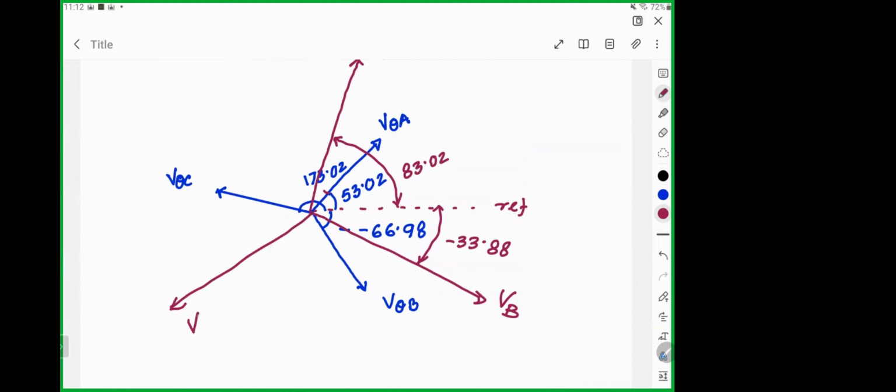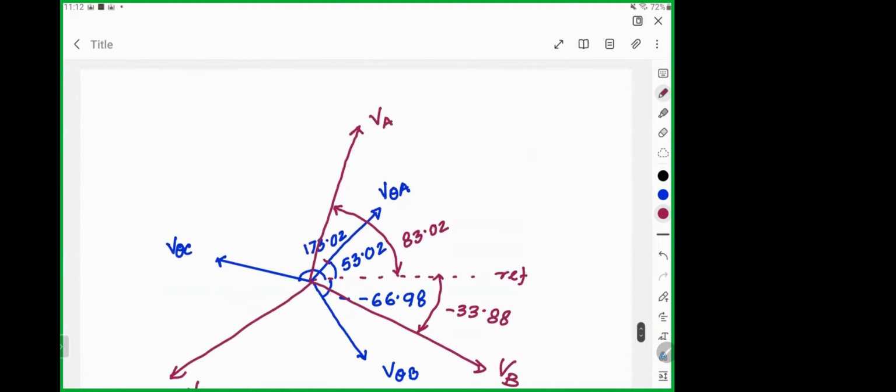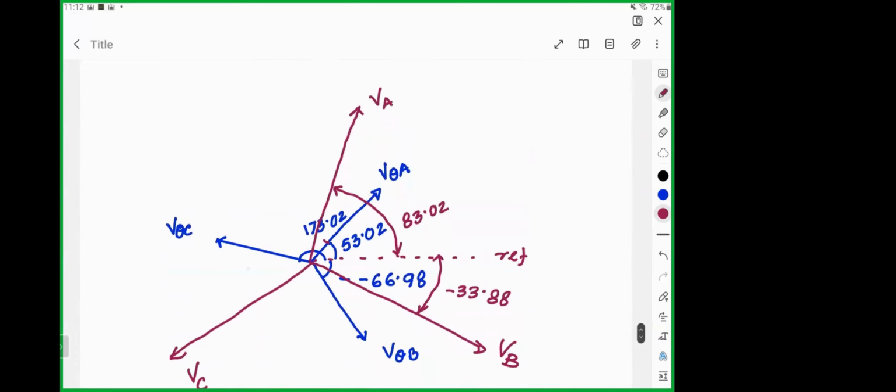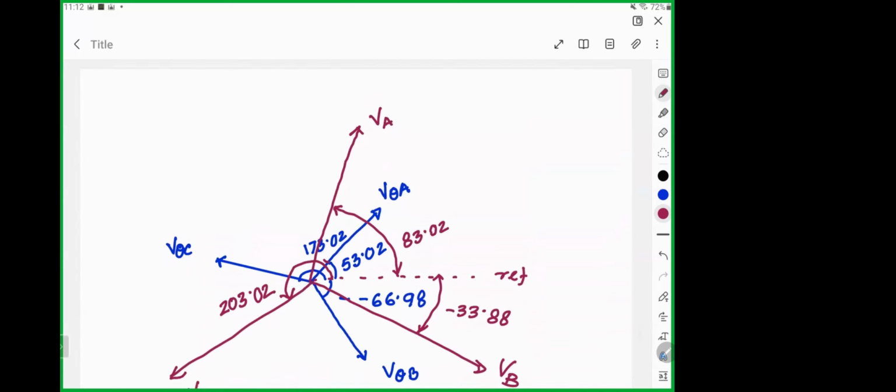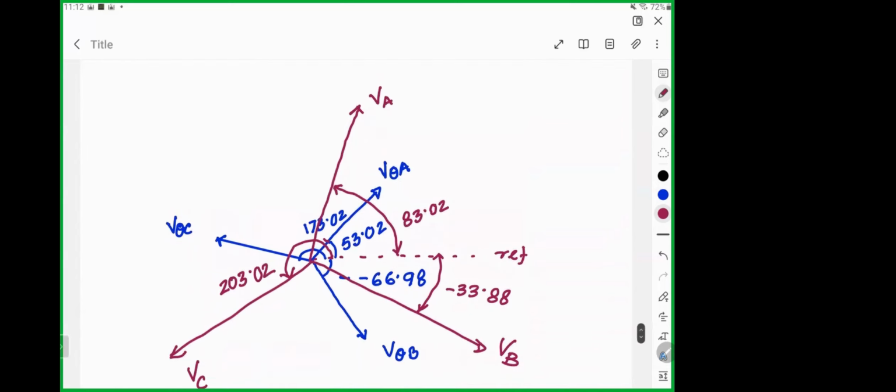This is VC, and the angle will be 203.02. So this one would be somewhere here. All right. Once you have calculated, then it becomes easy.